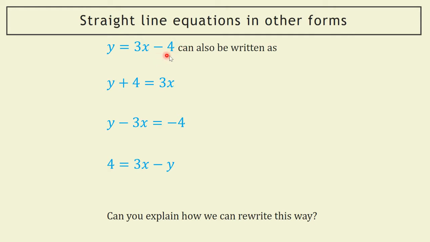We had a minus 4 on this side, but when we swapped it to the other side, it became a plus 4. Yeah? We had a positive 3x on this side. When we swapped it to the other side, it became a minus 3x. And then looking at this one to the bottom one, I've got a plus y here. If I swap it onto the other side, it becomes a minus y. All right, so it's just a bit of that going on.